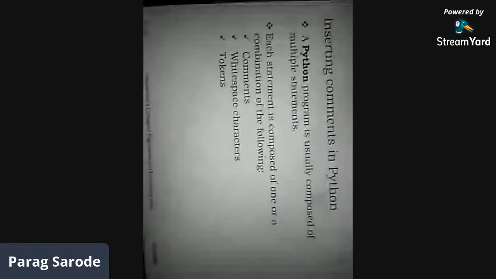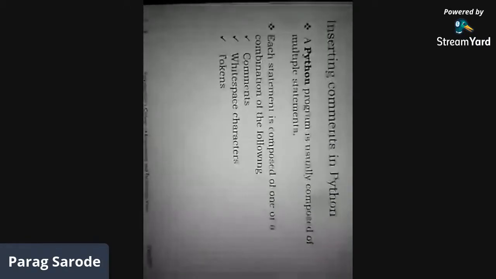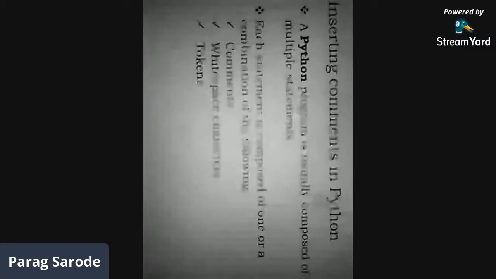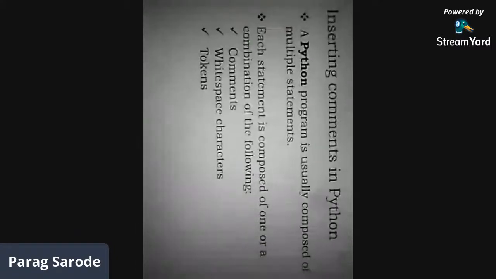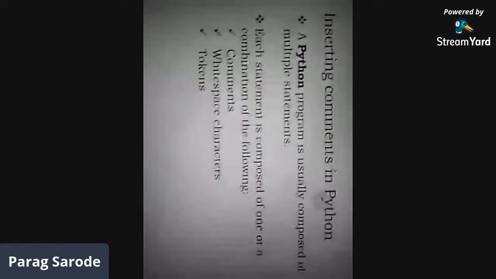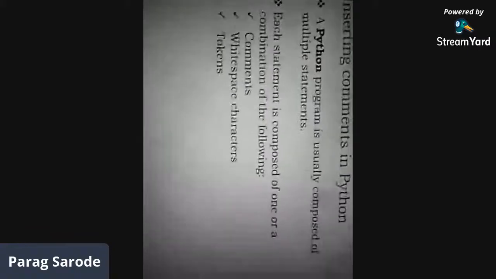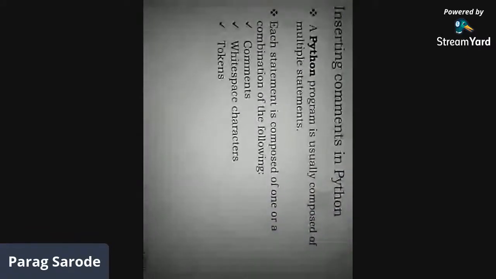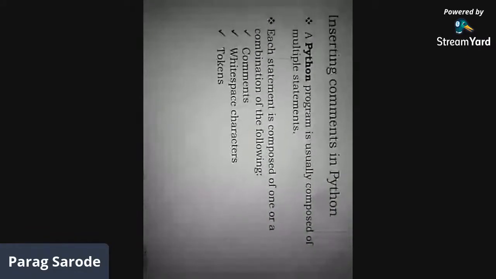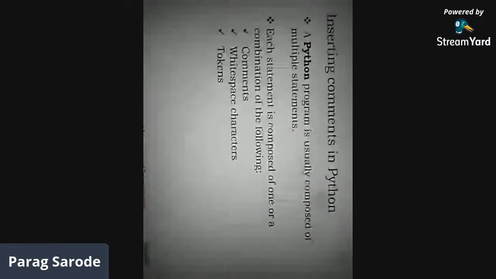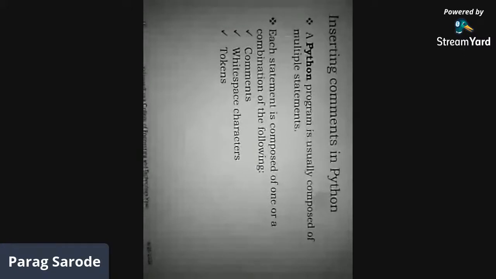Okay, let's proceed. Now the next topic is inserting comments in Python. We will be studying what the different types of comments in Python are and what the different uses of these comments are. A Python program is usually composed of multiple statements.